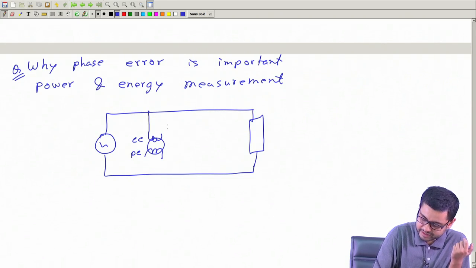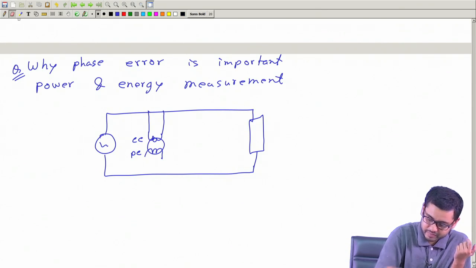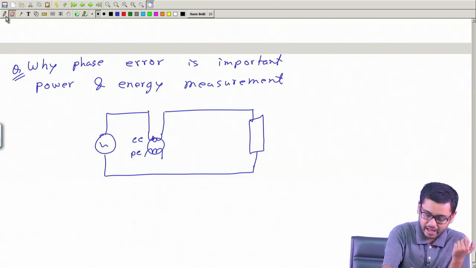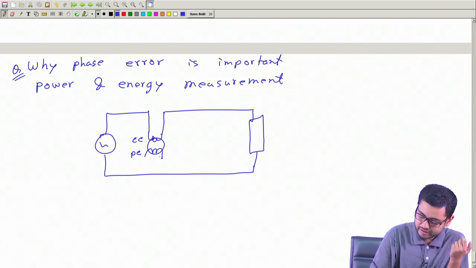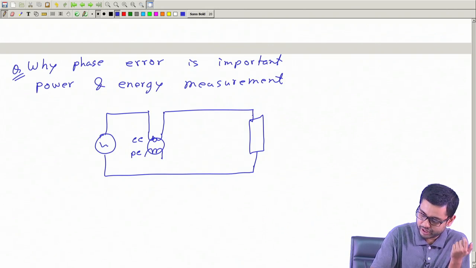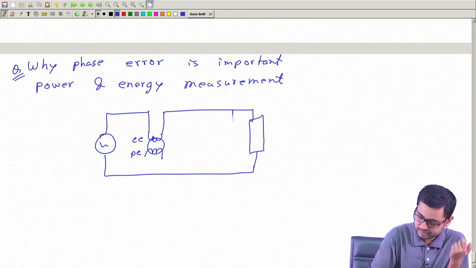The current coil we connect in series, and the pressure coil we connect via a PT.